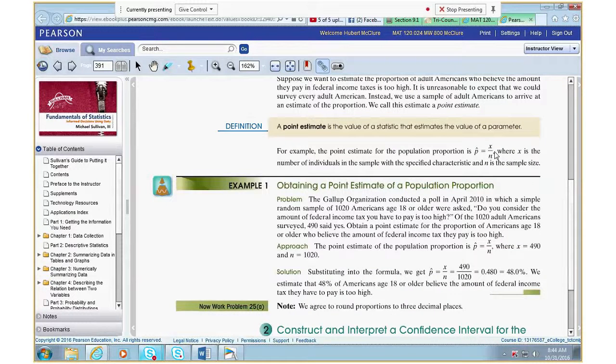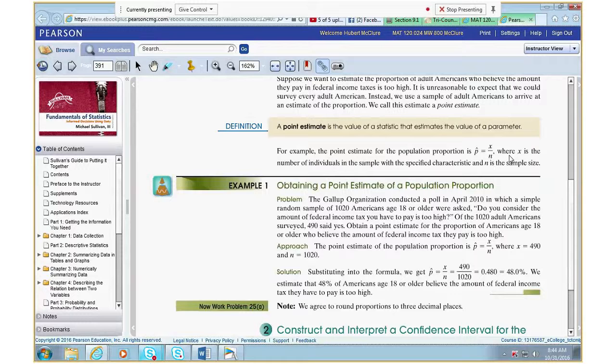Something else you need to know. If p hat is equal to x over n, what is q hat? Q hat is the complement. So write that down. P hat is equal to x over n. Q hat is equal to the complement of x over n.